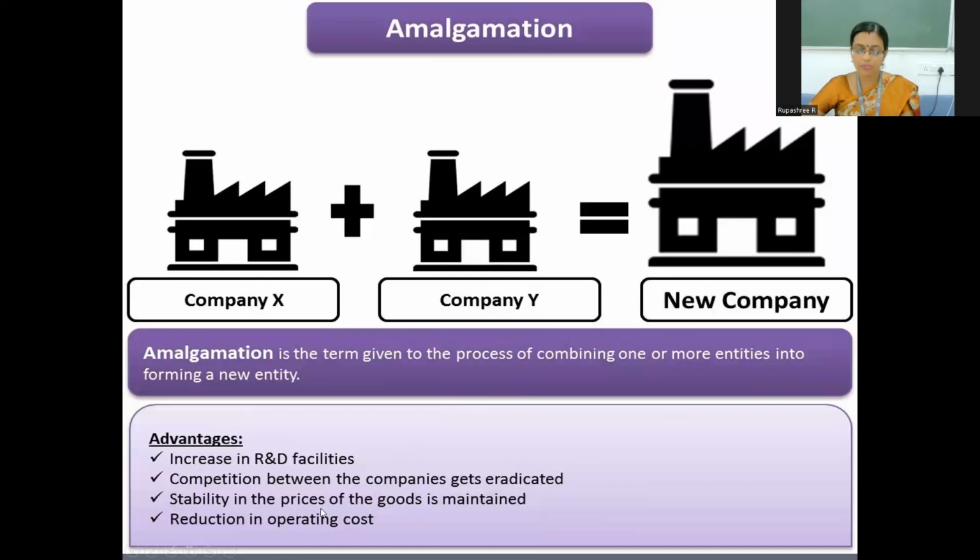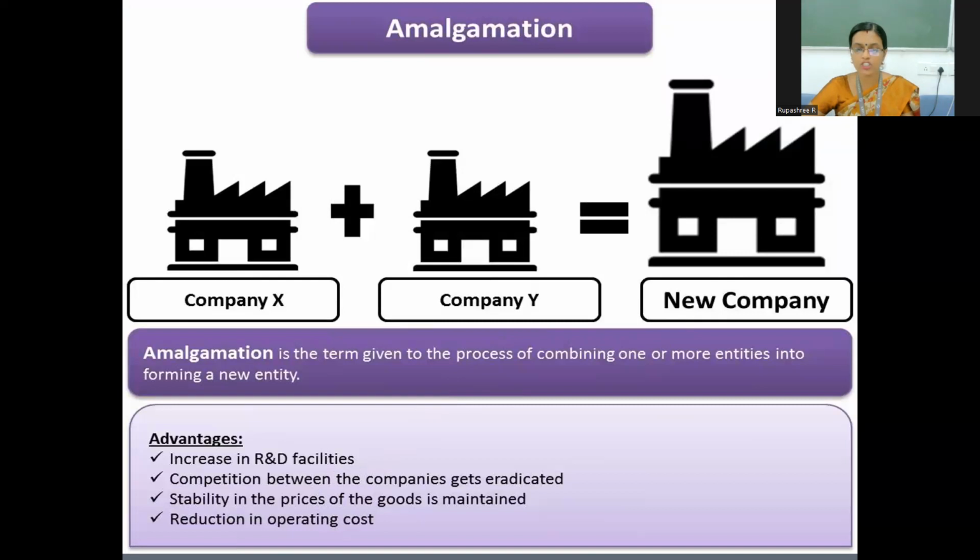These are the major reasons where companies try to liquidate and form a new company. Companies may liquidate majorly in order to find some synergy effect or to cut down the competition existing in the market. The other advantages of amalgamation are, first, to increase research and development facilities.